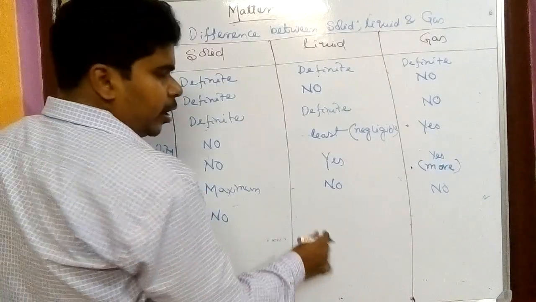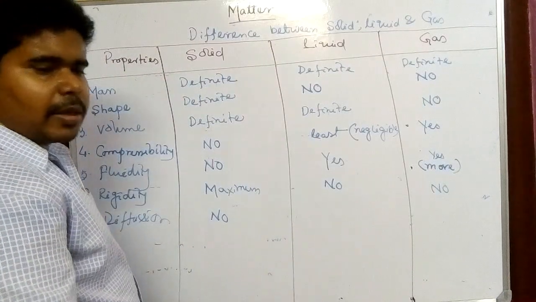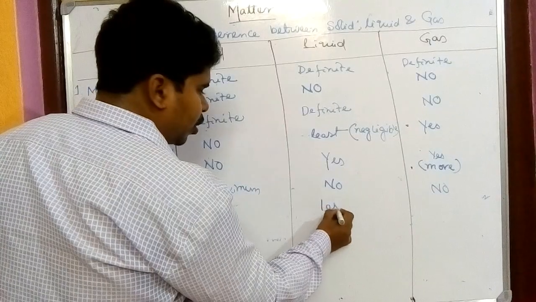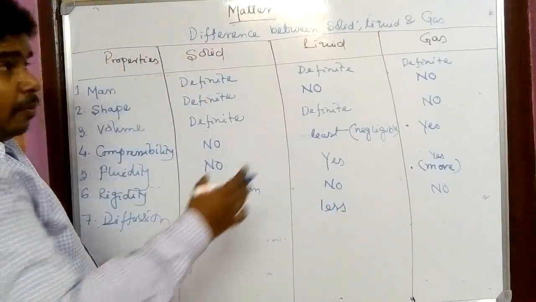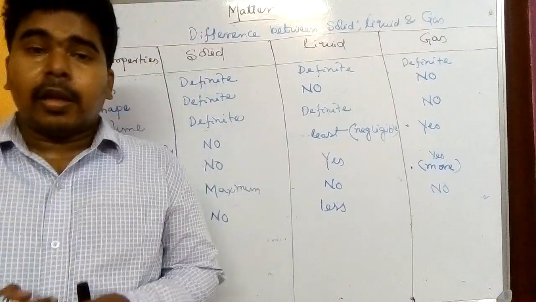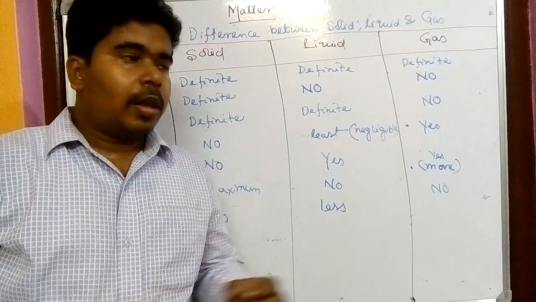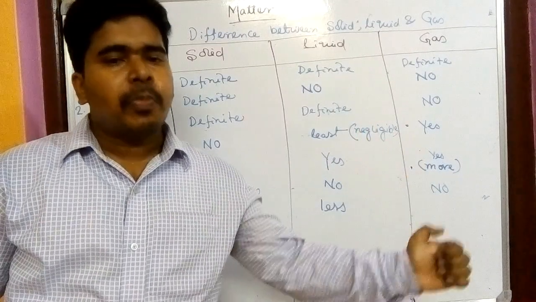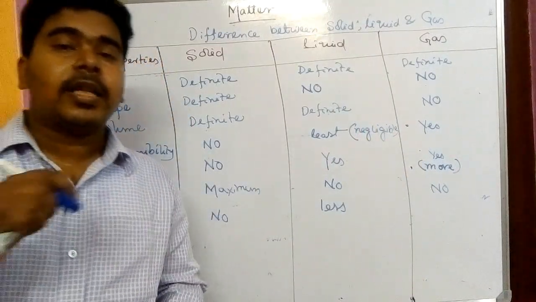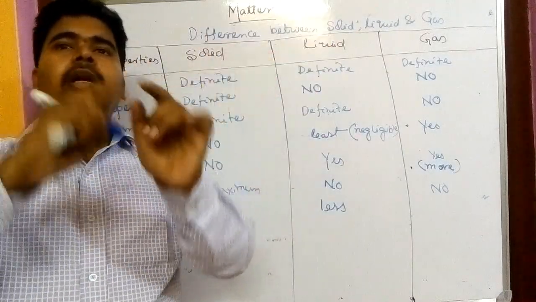For liquid, if you put liquid in some place, it will spread everywhere, but the diffusion is still less. But if I'm talking about gas, assume many of you have room freshener in your house. In any corner, if you spray your room freshener, after some time you will feel that smell distributed through the whole room.